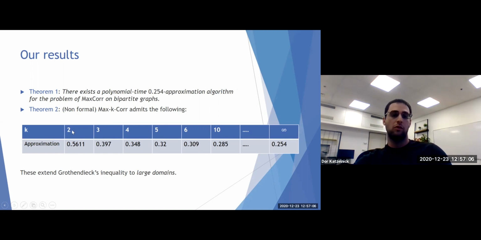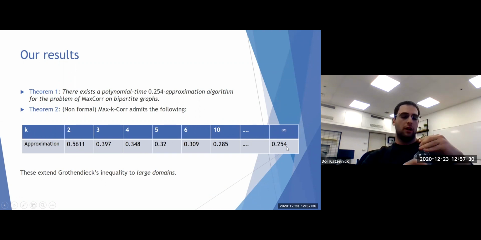And we can see that when k equals 2, then we get exactly the bound of Charikar's algorithm of 0.5611. And as k grows, we get a worse approximation factor. For arbitrarily large k, we get the same approximation factor as for max score, which is 0.254.